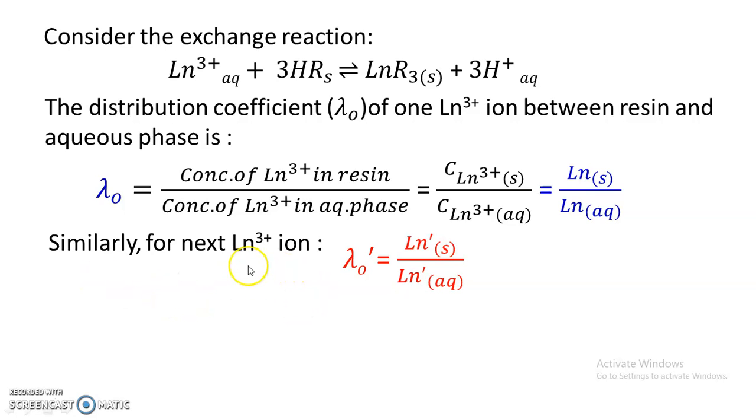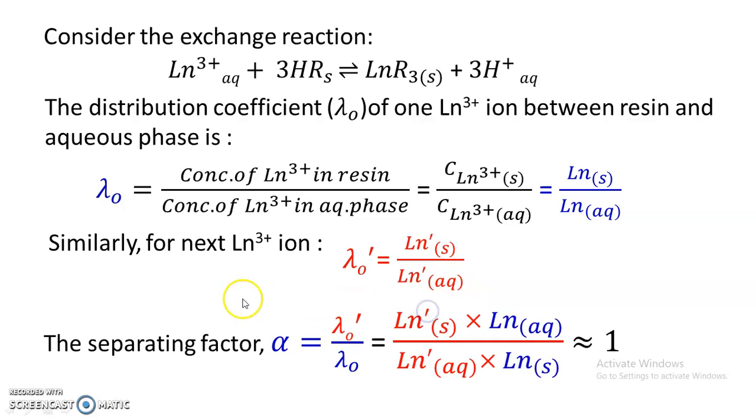Similarly for other lanthanum ions, since in solution there is a mixture of lanthanide ions, for the next lanthanum ion, the distribution coefficient lambda 0 dash will be the concentration of lanthanum prime solid upon the concentration of lanthanum prime aqueous.